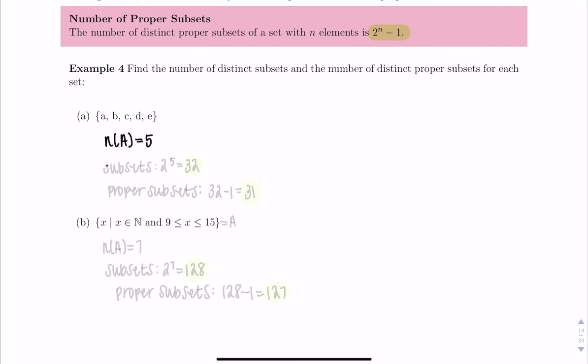And so for the distinct subsets, that's 2 to the 5th, which is 32. And for the proper subsets, we just do 32 minus 1, which is 31.